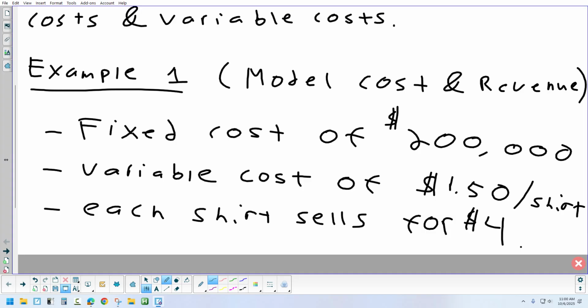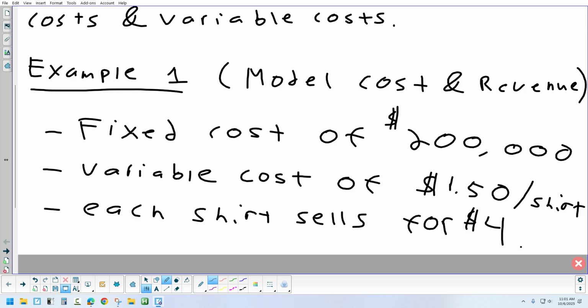There's cost, there's revenue, and then there's profit. Okay? Cost is any money that the company spends. Right? Revenue is any money that the company takes in. Just because a company sells a shirt for $4, it doesn't necessarily mean it's profit, right? Because they had to spend $200,000 in fixed costs.